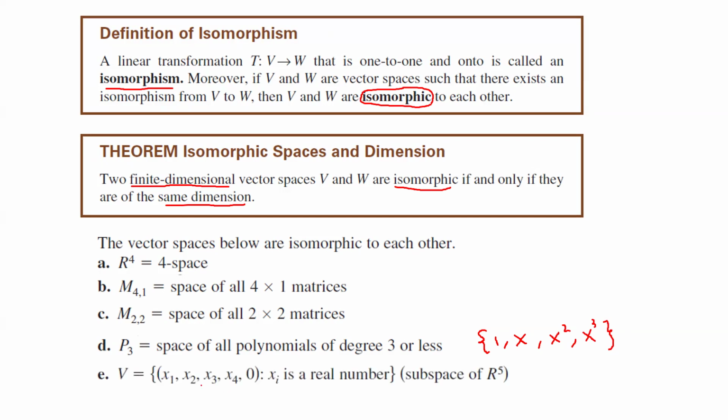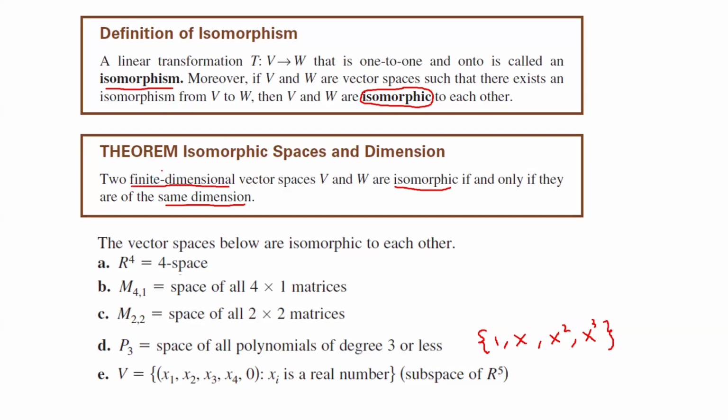And also the vector space of all 5-tuples x1, x2, x3, x4, comma 0, such that xi is a real number, which is basically a subspace of the 5 space. But again, here you only have 1, 2, 3, 4 components. The last component is equal to 0.